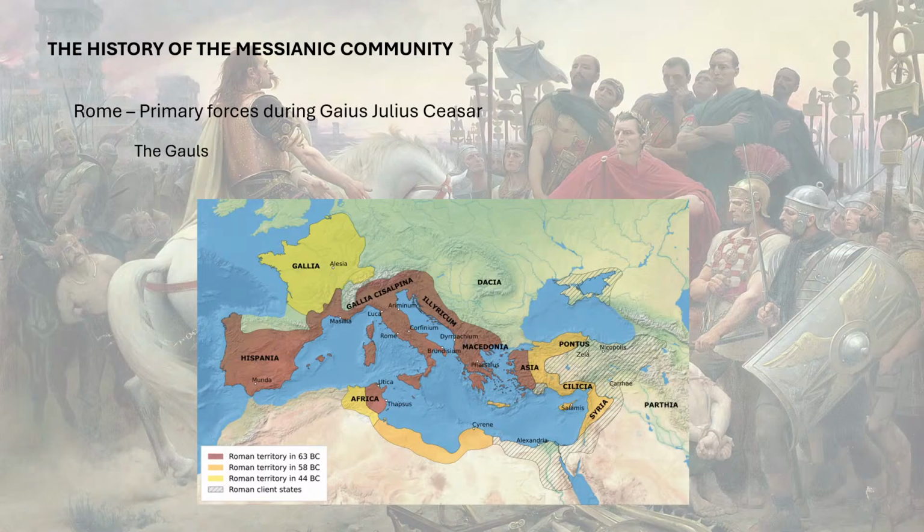So to gain political strength, Crassus set out across the Euphrates in an attempt to conquer the Parthians. He went to battle just east of Syria, and he was defeated, captured, and killed. And if you ever watched Game of Thrones, there's a scene where they pour molten gold down a guy's throat.